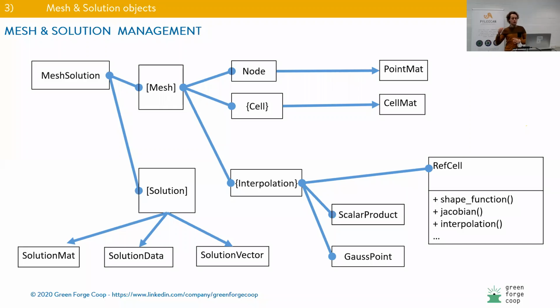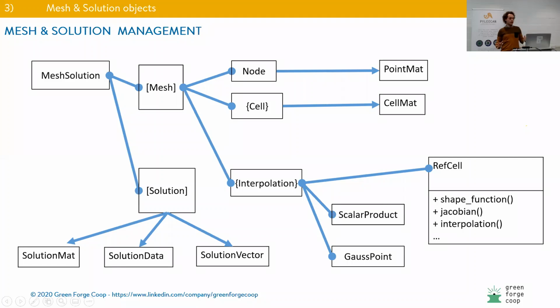Finally, if you are more into finite element analysis and you want to have a hand on the finite element interpolation, we are working on some interpolation objects. In this interpolation object, we are putting all the useful and classical methods like computing shape functions, the Jacobian matrix, and all the methods used to perform interpolation, scalar products and quadrature points such as Gauss points. There is a lot of work to do on this part, so any contribution is welcome as well.